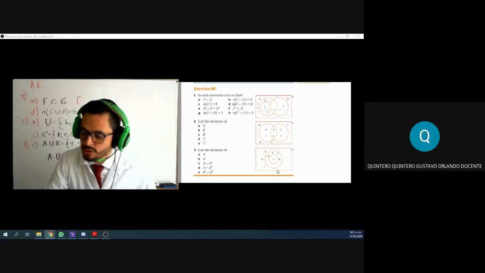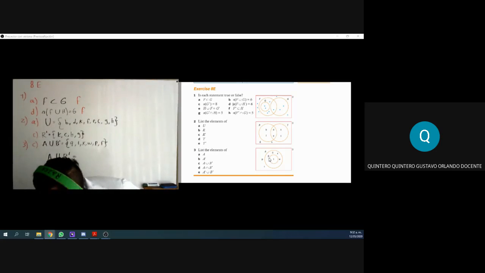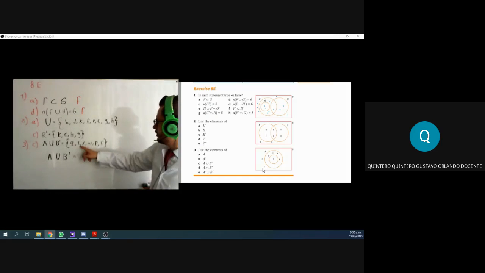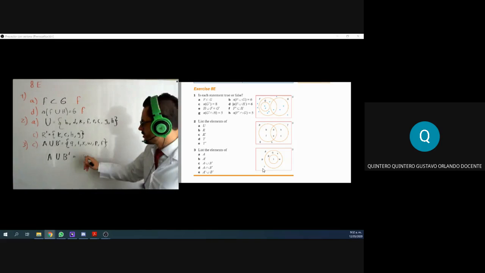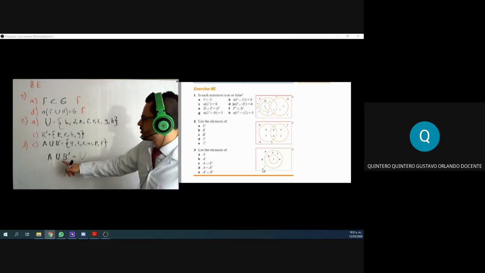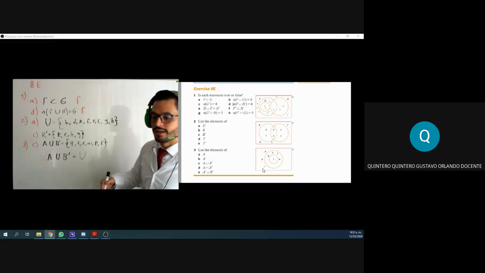If I ask you to list the elements of U, you would say the elements are Q, X, W, T, P, F. Every single element of U. So these two sets are the same. The universal set and the union between A and B complement are the same.